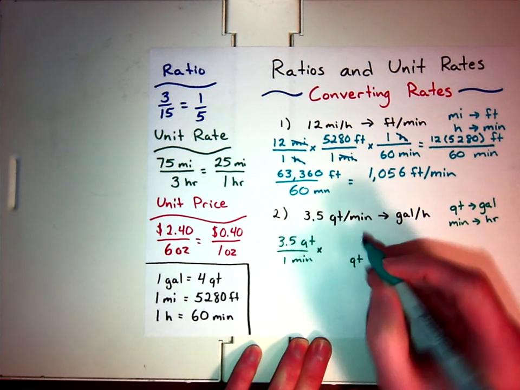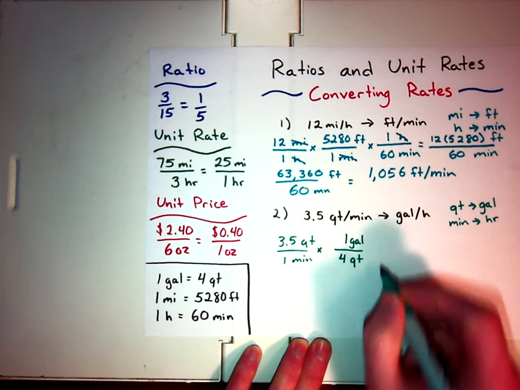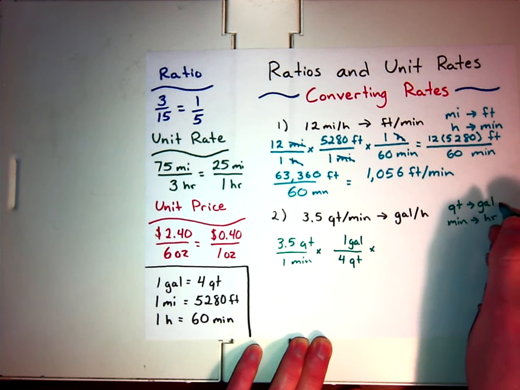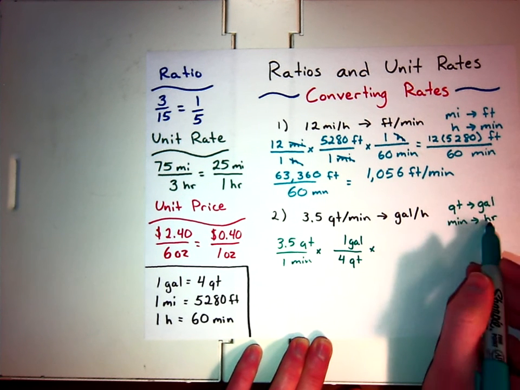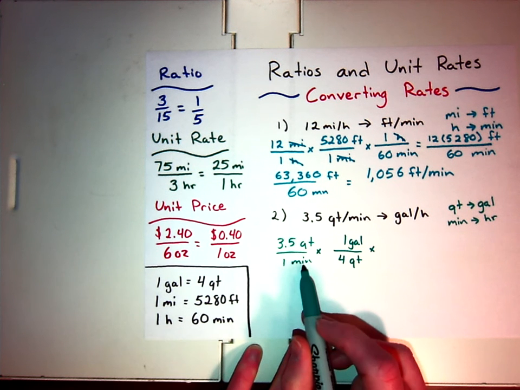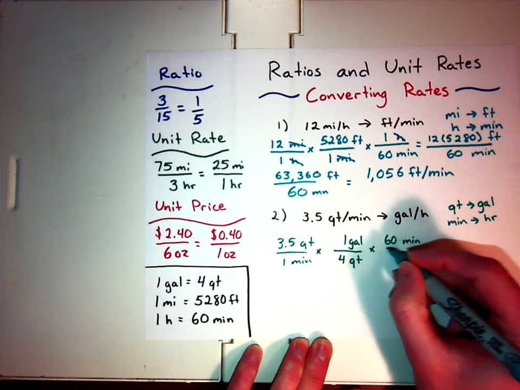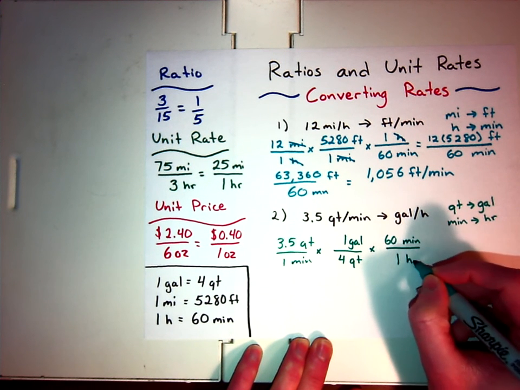So 4 quarts equals 1 gallon. I'm going to multiply then, because that takes care of this. Multiply, I need minutes to hours. I have 60 minutes equals 1 hour. Okay? Since minutes is in my denominator, I put it in my numerator. So I have 60 minutes is 1 hour.